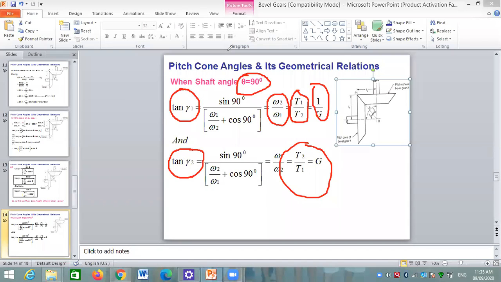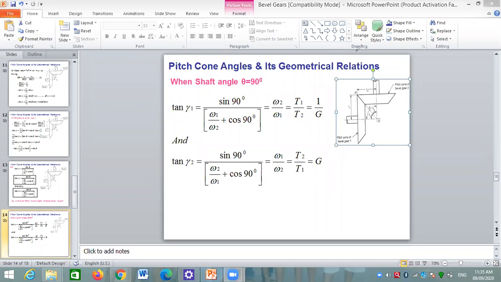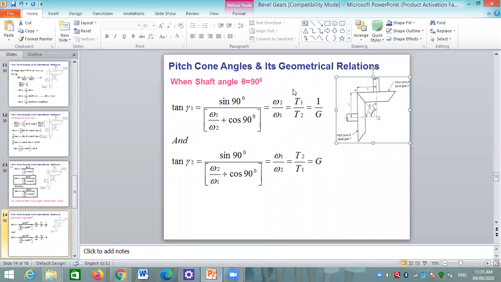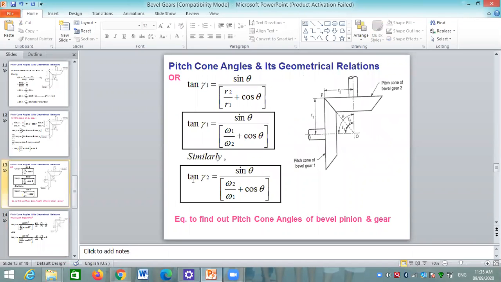If the shaft angle is not 90 degree, then we have to calculate the pitch cone angle for a gear or pitch cone angle for a pinion by using this formula, that is tan of gamma 1 is equal to sine of theta upon omega 1 upon omega 2 plus cos of theta. Okay, these are the formulas, or these are the relations between a pitch cone angle and its geometrical relation.